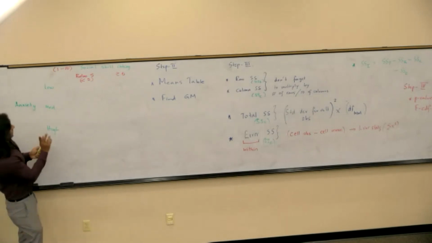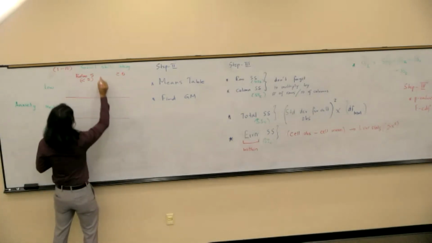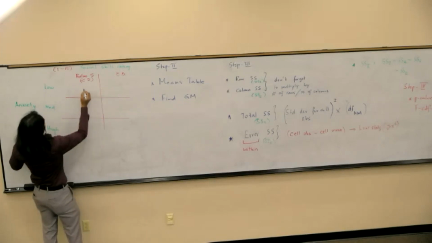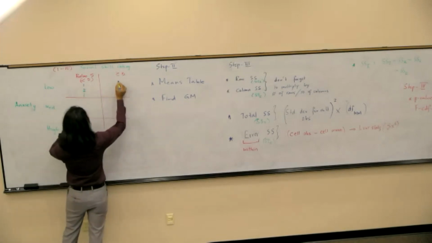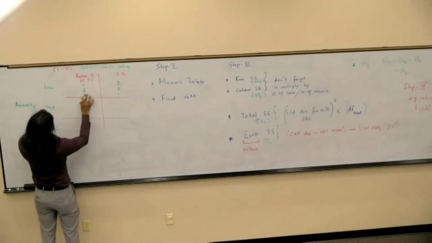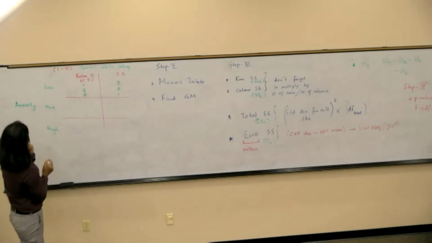Okay, these are the numbers. Change that to a 3. I want to keep it simple.